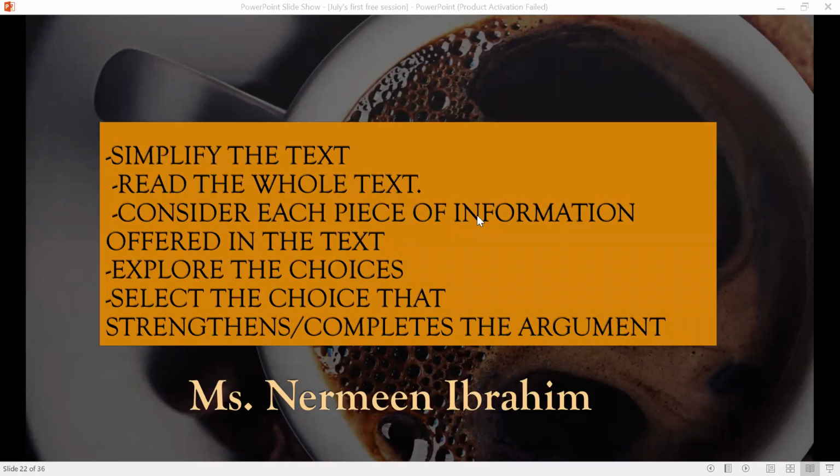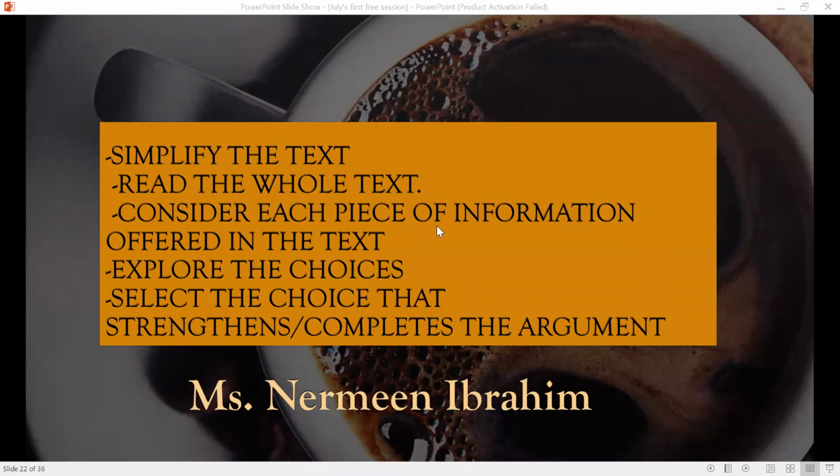The question prompt tells you which choice most logically completes the text, the argument, whatever. So you need to complete the argument. You need to complete the text the way it is, so you don't have to bring something that opposes what is written in the text.